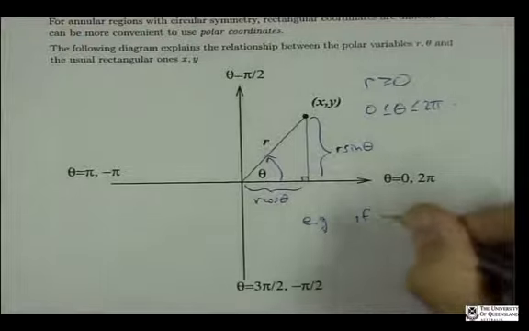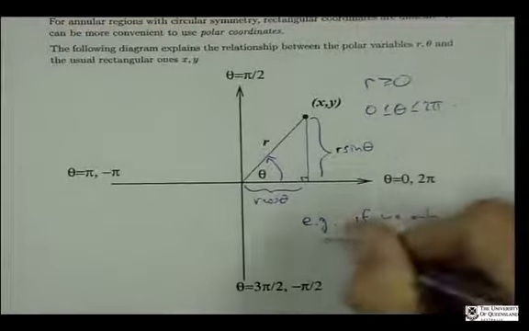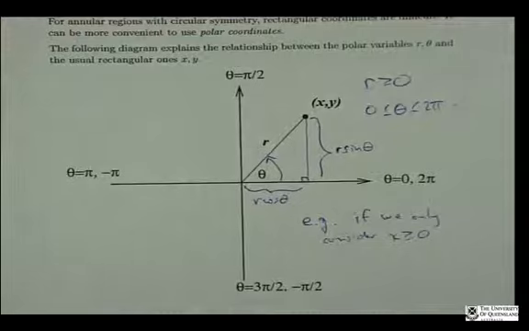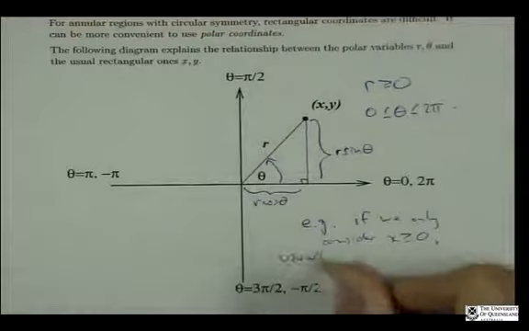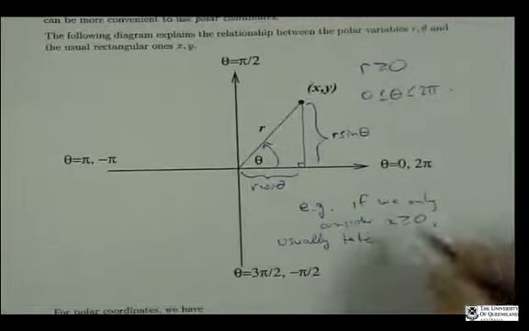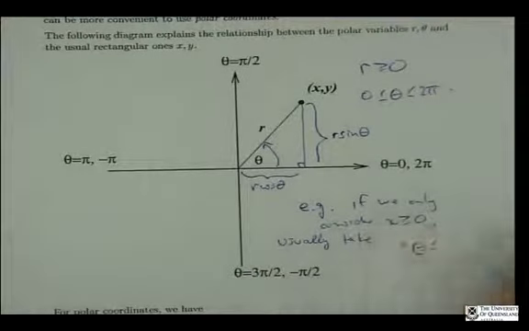So if we only consider values of x which are greater than or equal to 0, then the convention is that we usually just take as our range of values for theta from negative pi on 2 to pi on 2.